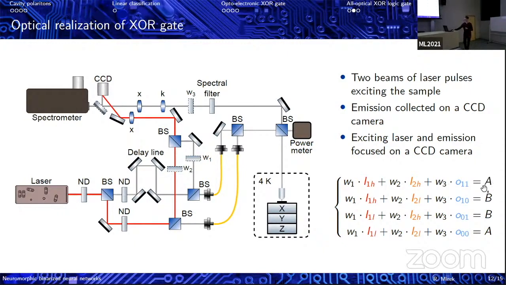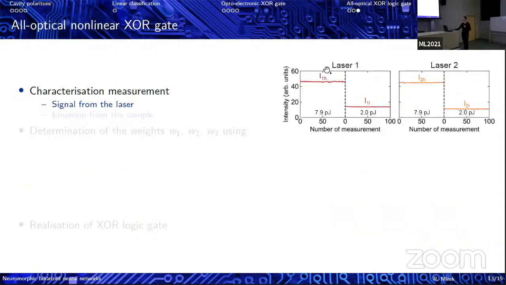And we want to have the states 1,1 and 0,0 the same, and 1,0 and 0,1 also the same, but different from the states before. So what we did was measuring the intensity of the pulses for high power and for low power. Then we measured the second beam for high power and low power.